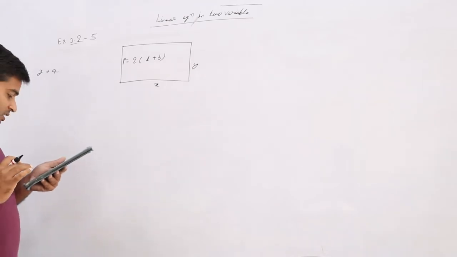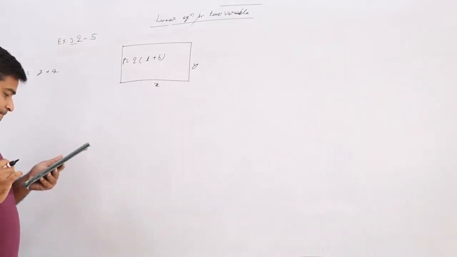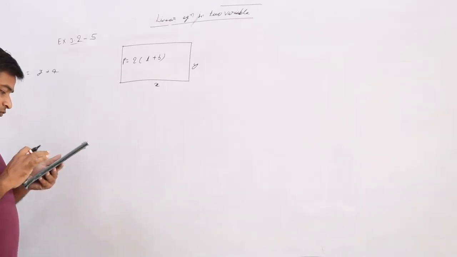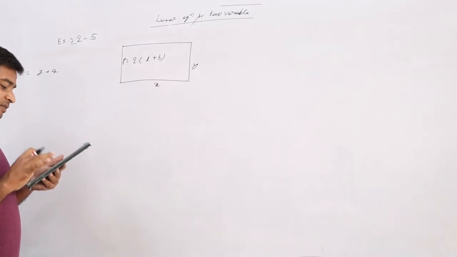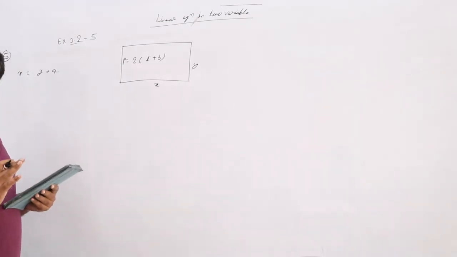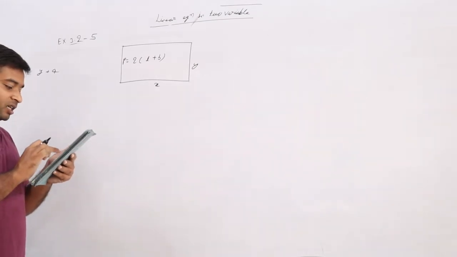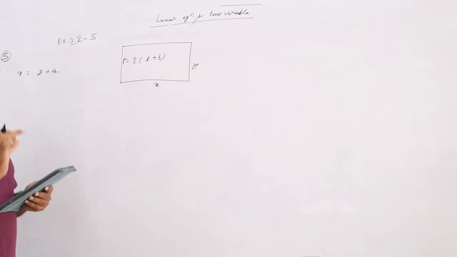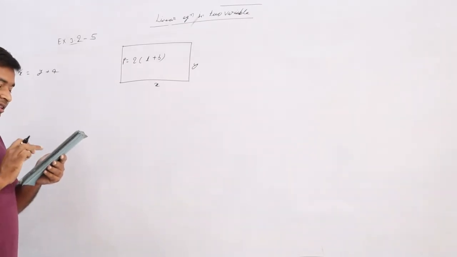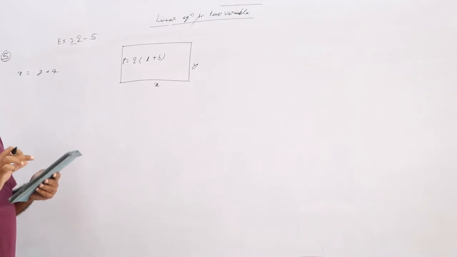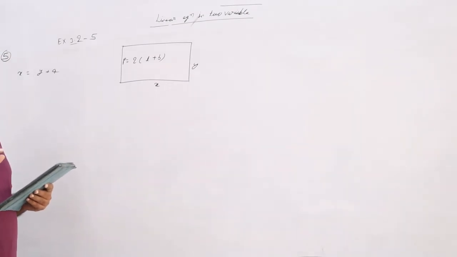Acha. Next saying, 4 meter more than its breadth is 36. Is 36. 36 is what? I am reading the question again. Half the perimeter of a rectangular garden whose length is 4 meter more than its width is 36. So 36 is what? Half the perimeter.